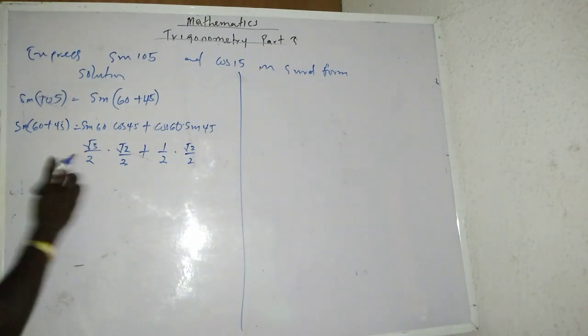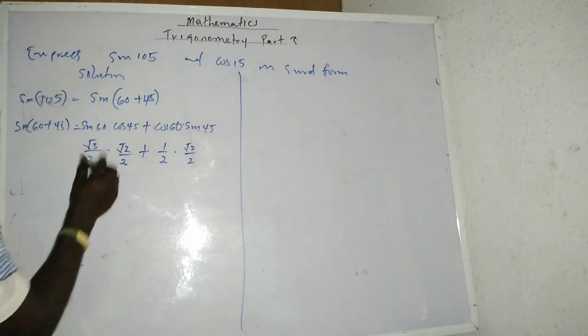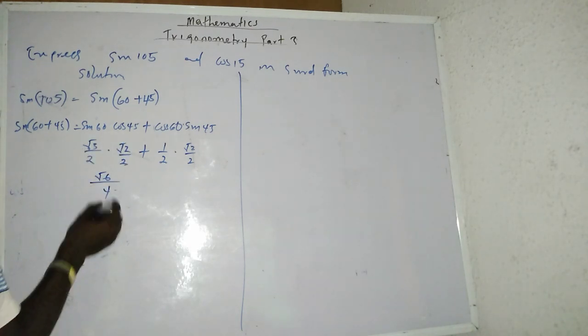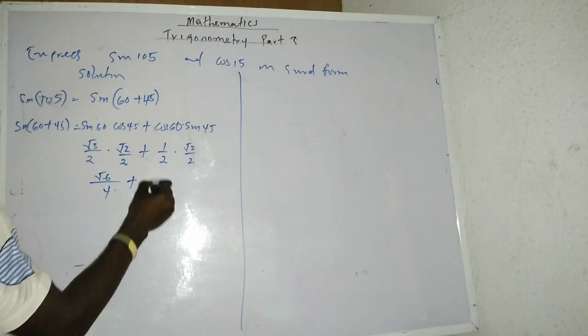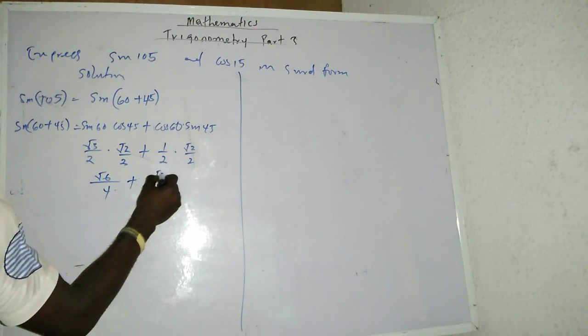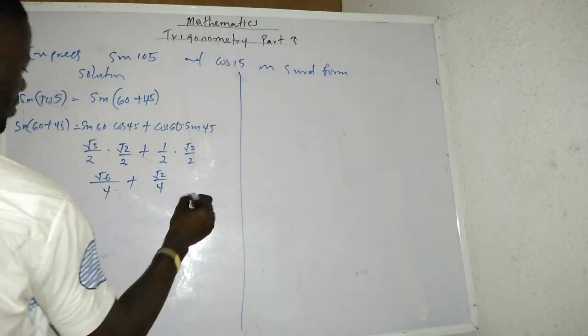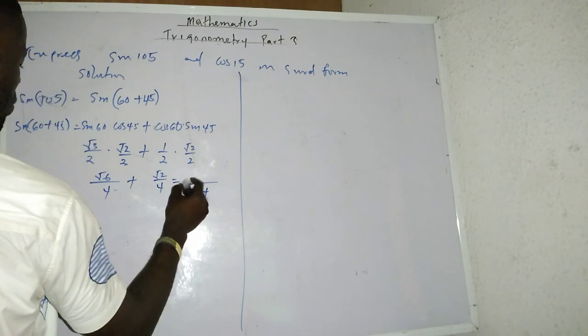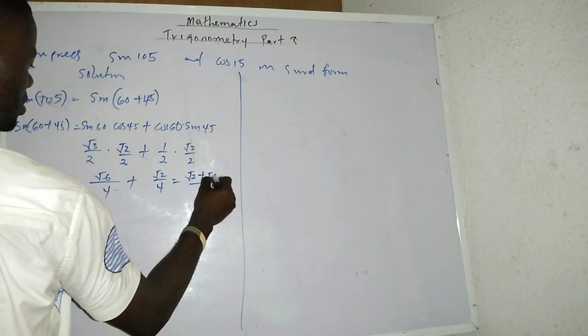Which I can now say, I have 4 divided by root 6, plus 4 divided by root 2. My final answer can be 1 over 4 of root 2 plus root 6.